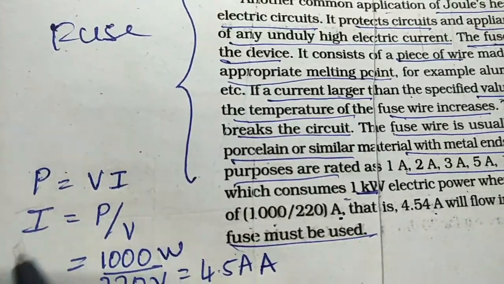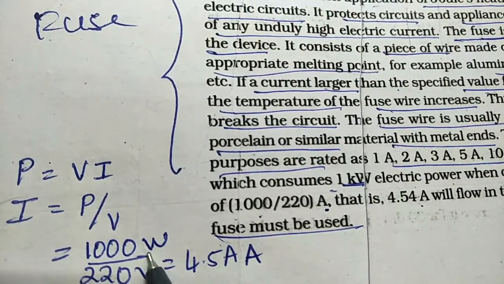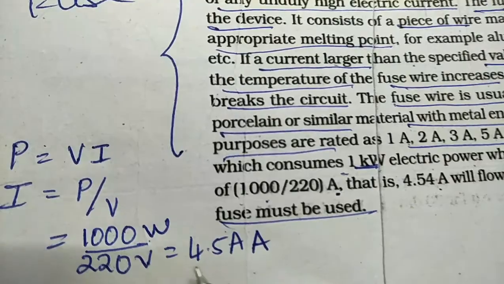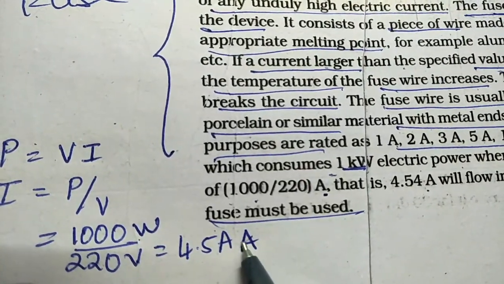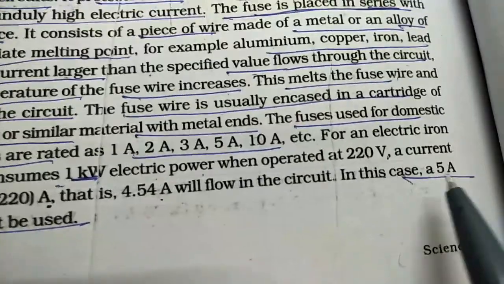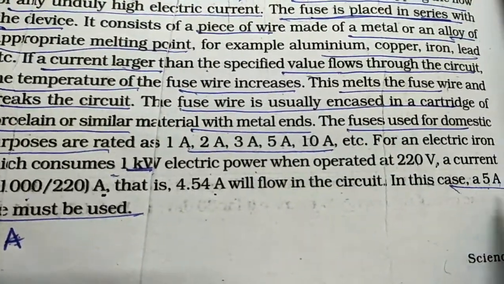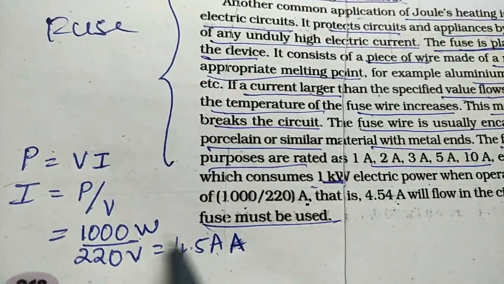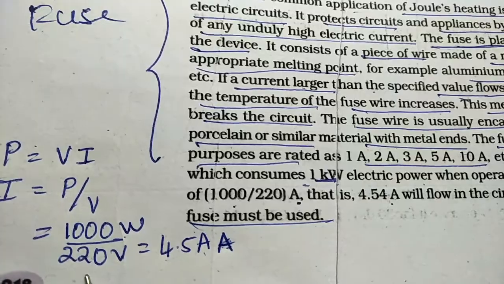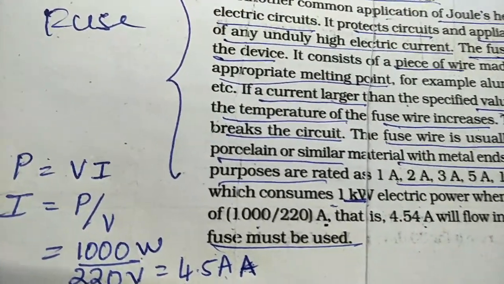To calculate, we'll do P upon V, that is 1000 watts upon 220 volts. You will get 4.5 ampere. Rounding that out, you will get 5 ampere. So for this appliance we need a 5 ampere fuse. Similarly, for other appliances, you have to calculate using this formula and that particular fuse has to be used.